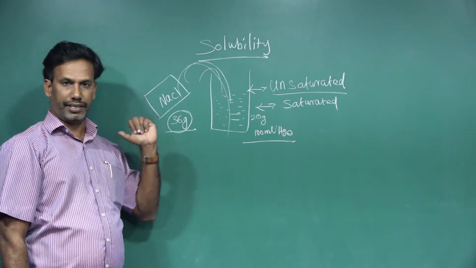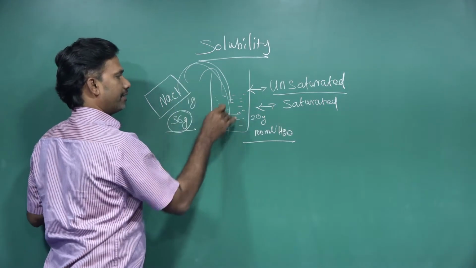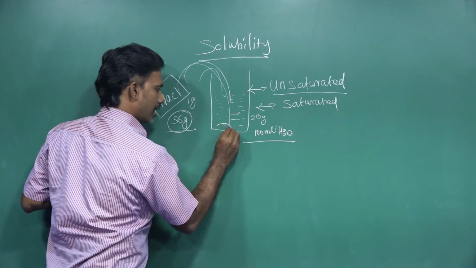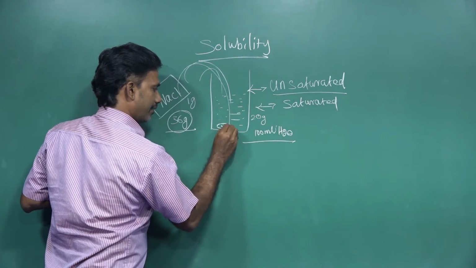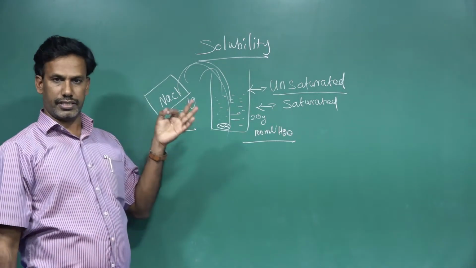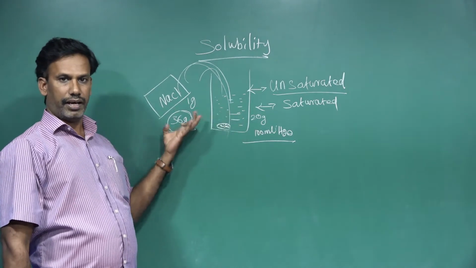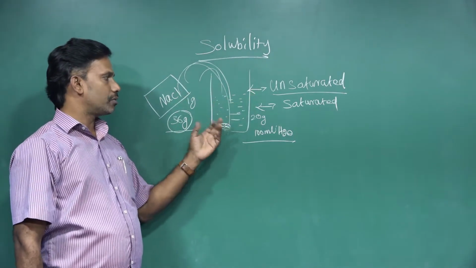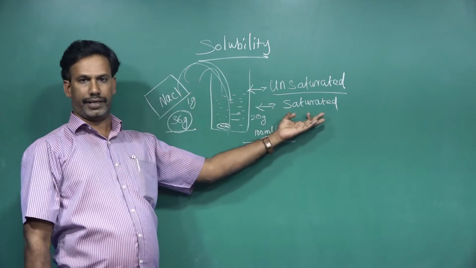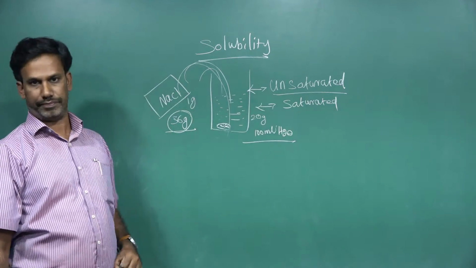If I add 1 gram extra, that means 37 gram, the 1 gram will be precipitated without dissolving. So only 36 gram of NaCl is dissolving in that solution. If I add more than that, it cannot dissolve. So no more solute can be added to the solvent. That is called a saturated solution.